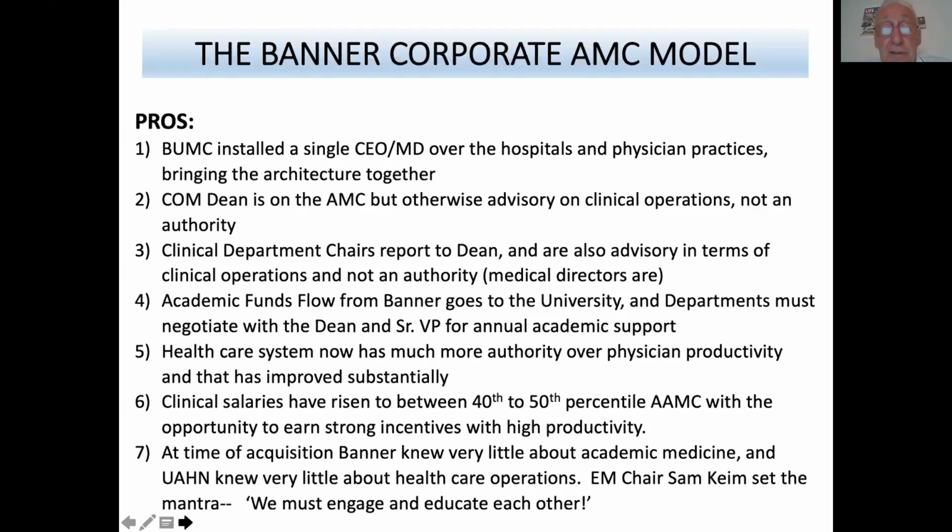Clinical salaries have risen to between the 40th and 50th percentile double AMC, with the opportunity to earn strong incentives with high productivity, which our faculty are able to do. So at the time of the acquisition, Banner knew very little about academic medicine, and UAHN knew very little about healthcare operations. But our chair, Sam Keim, set the mantra: we must engage and educate each other.